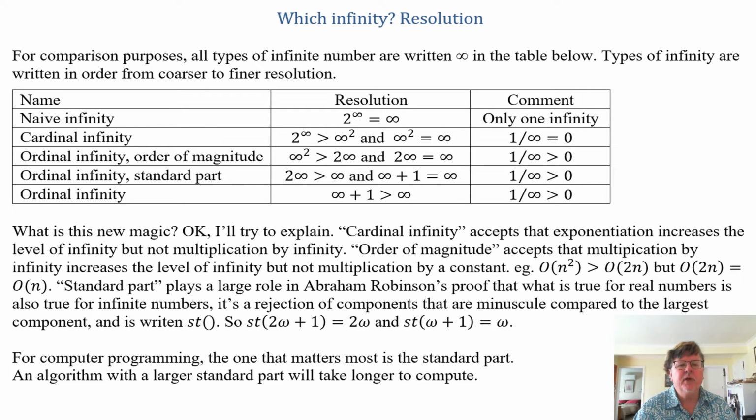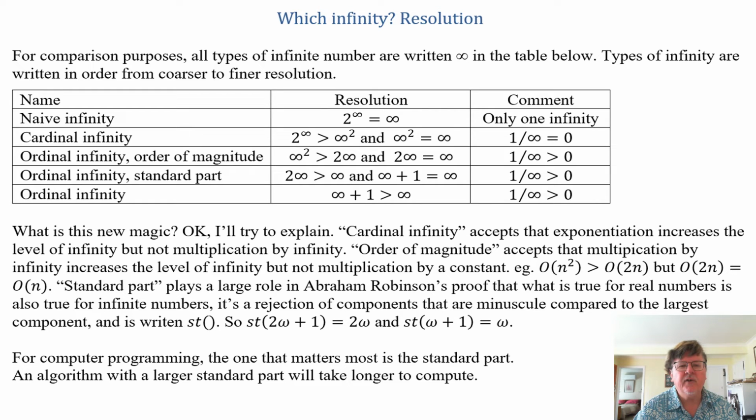For comparison purposes, all the main types of infinite number are written infinity in the table below. That is, using the lemniscate symbol. Types of infinity are written in order from coarser to finer resolution.